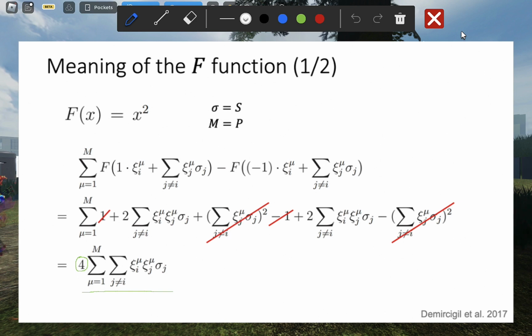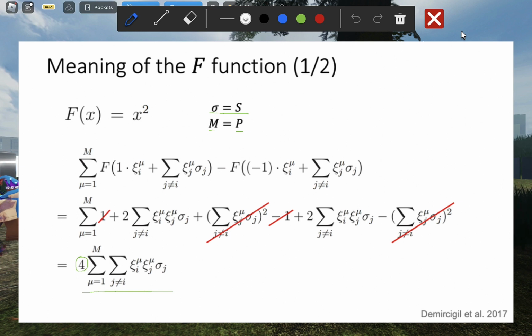Just a point on notation, here sigma is equal to S, or the state, and capital M is the number of patterns. Apologies, this is a collection of slightly different slides.